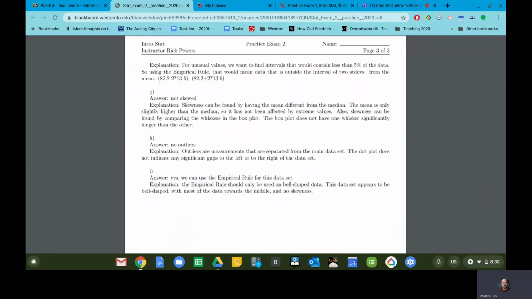So, for example, if this has no outliers, what is an outlier? You give the definition and then say, based on this thing that I have here, there are no outliers. So whatever your conclusion is, you also have an explanation of why you said that. This is showing your work for all of these different problems. All right, so that's the practice exam.